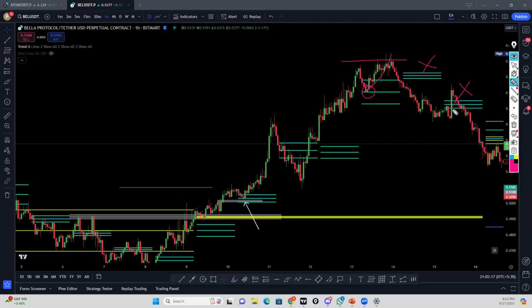Okay, so my suggestion: we should not look at different tokens every day. We should follow one or two, three at most, tokens every day. We should find trades only on those tokens which you have selected on Monday, because you will understand what's happening in the market. Like, yesterday where the market closed, okay, I should look for a short or long.